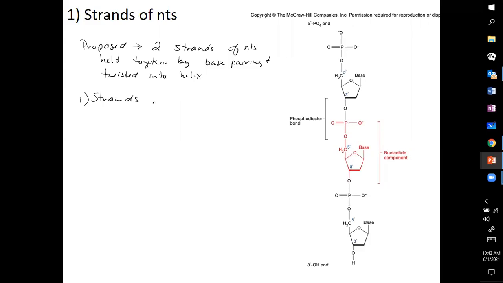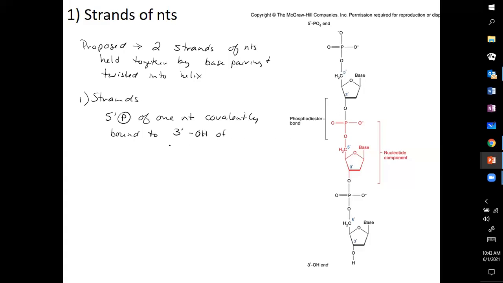The strands are formed by the 5' phosphate, and I'm going to use shorthand now, of one nucleotide being covalently bound to the 3' hydroxyl of another nucleotide.